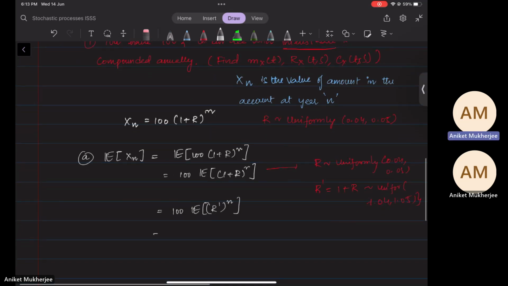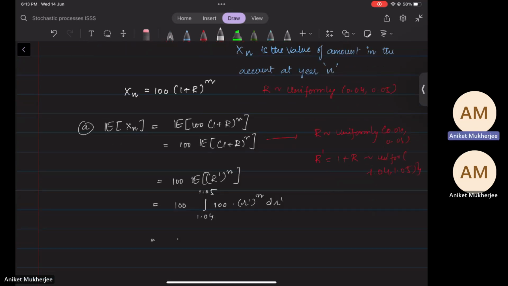And since it's uniform, you know the density function. It was from 1.04 to 1.05. So if you calculate this, you'll get 10 power 4 by n plus 1, into 1.05 whole power n plus 1 minus 1.04 to the power n plus 1.